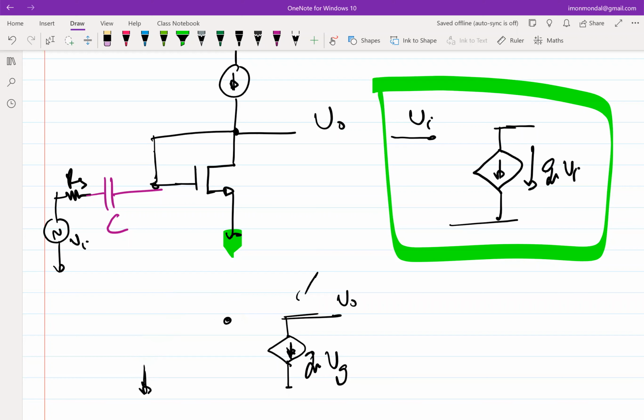So what should I do? We want a buffer. We want to design a buffer. Where do you want an inductor? Okay.